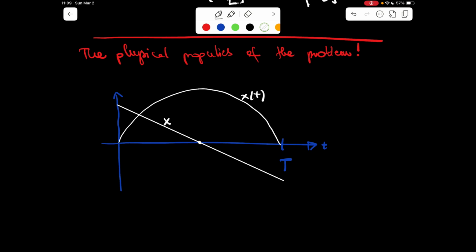This is x dot at the end of the mission, which is not 0. Physically, it would mean that the rocket bumps into the International Space Station.